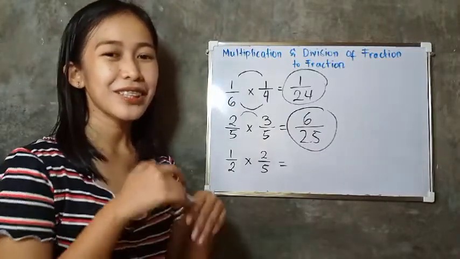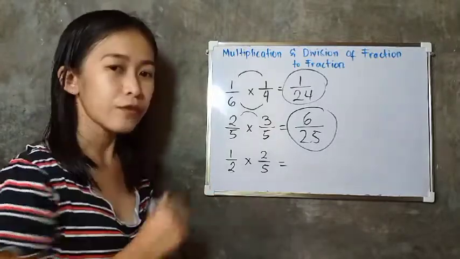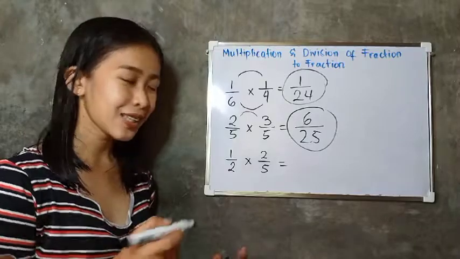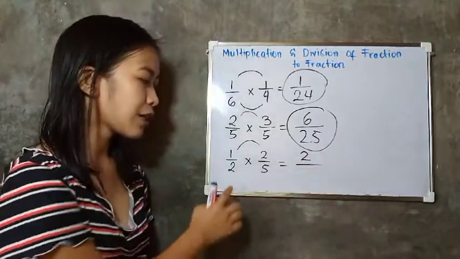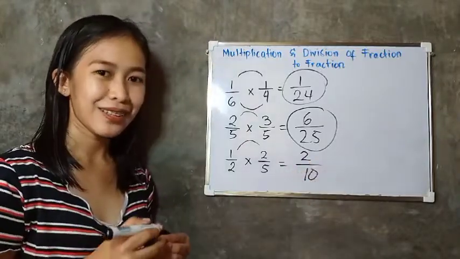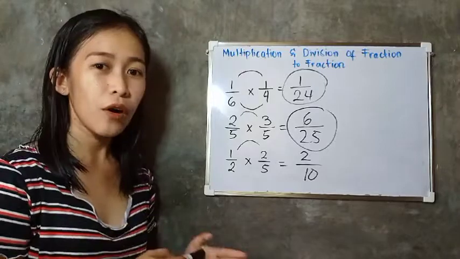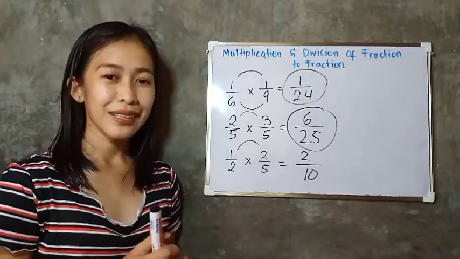Alright? And take a look at example number 3. We have 1/2 times 2/5. So, same process. 1 times 2 is of course 2 over 2 times 5 is of course 10. Alright? So, we have 2/10, but do you really think we are done with 2/10?